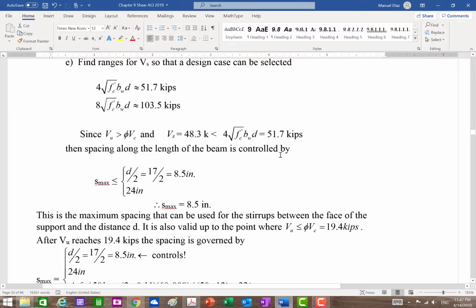So it's not just designing to design, you also have to look for the economical solution. All right, so for this case then, my spacing is limited to S maximum, which is D over 2 or 24. So D over 2 governs, and that's 8.5. So far it's the same as the previous problem, right? We're getting a maximum spacing of 8.5.